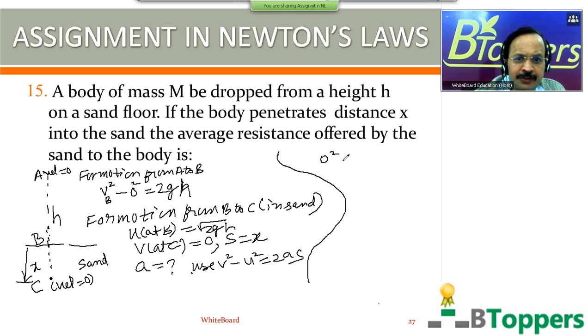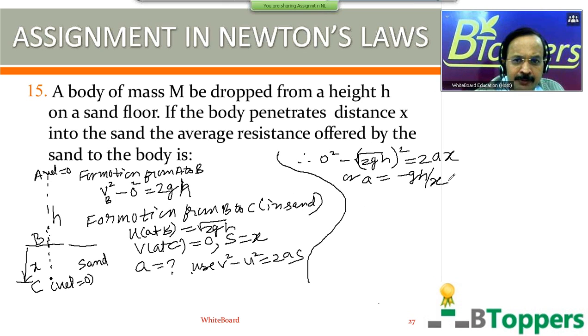Final velocity is 0 at C. Initial velocity at B is root 2gh. s equals x. So you get the acceleration for motion inside the sand as minus gh by x.